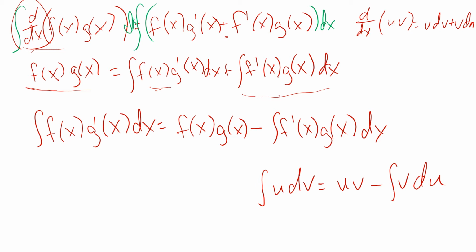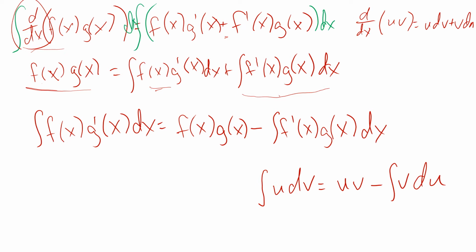And so to solve problems with these, to integrate these, we are going to find u and dv, and then we can find the other ones, and then plug it into the formula. It's going to look a lot like the product and quotient rule because we'll be using the u's and the v's.